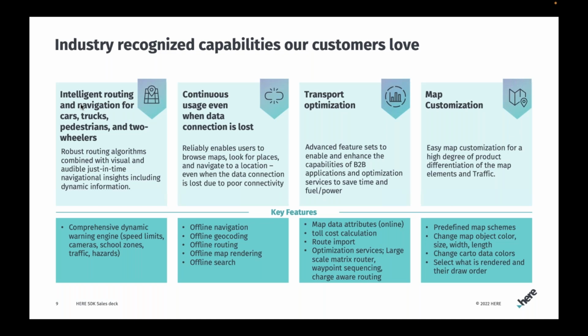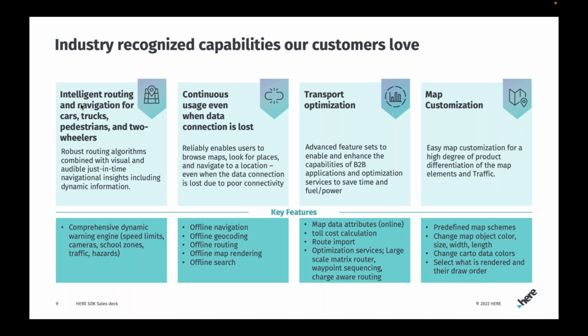Say, for example, the next morning after the rest at the camping site, if you would like to start navigation or search for a place, our offline search and our offline routing and navigation capabilities kick in, and they allow you to get out of the internet coverage area. The prerequisite here is that you download the area or the region upfront.